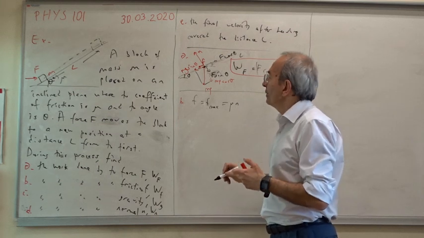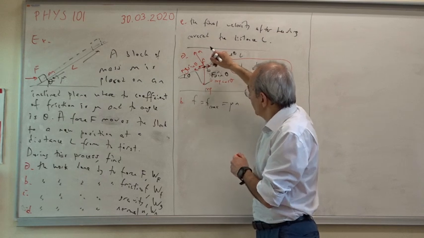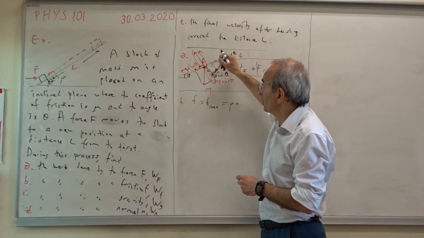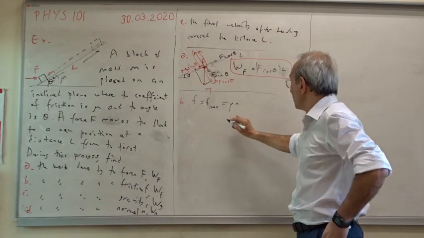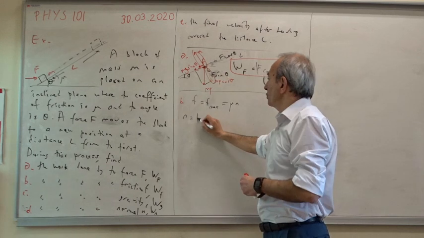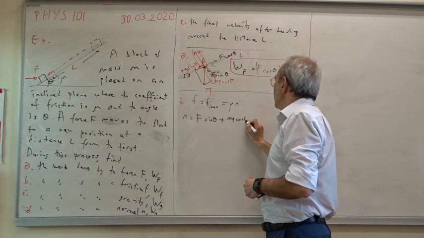But what is n? Perpendicularly, the normal force n is just the sum of these two terms, mg cos theta and F sine theta. So n is F sine theta plus mg cosine theta.